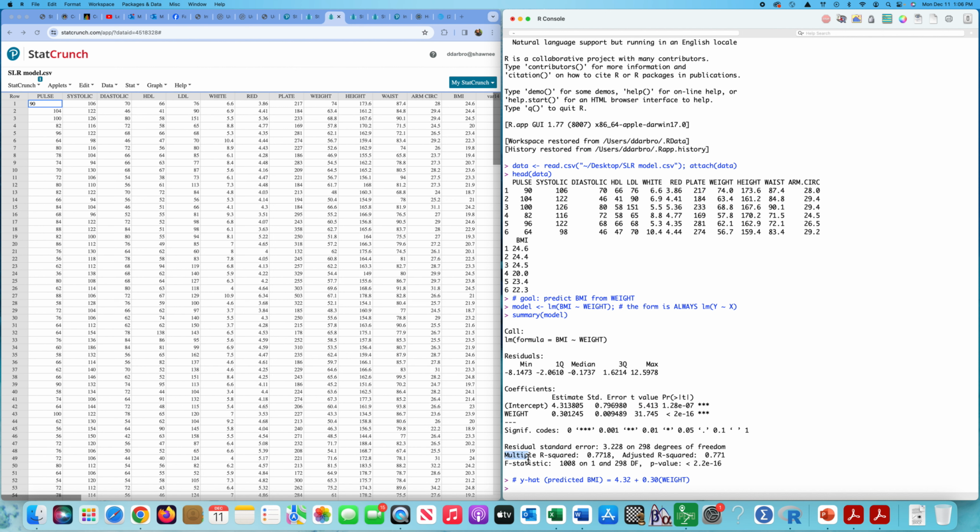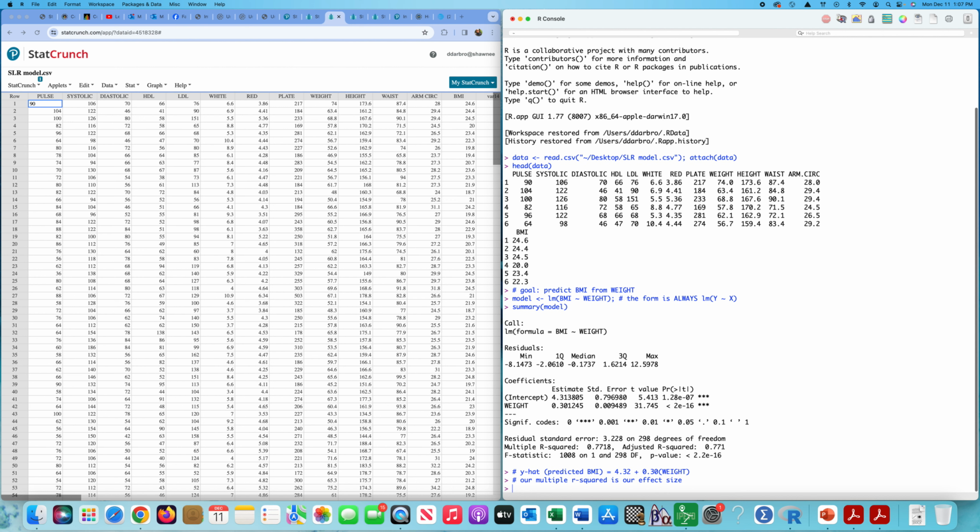The next thing we get into is the multiple R squared. This is extremely important because it works as our effect size. But more importantly, it tells us the percentage of variance in our dependent variable that's explained by our model.